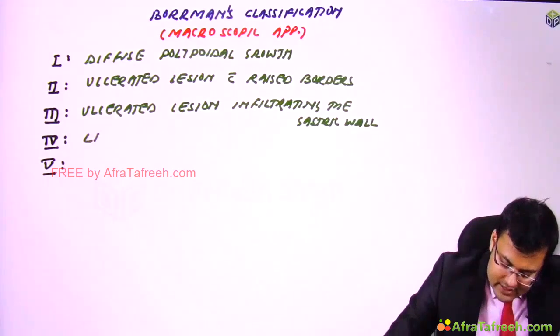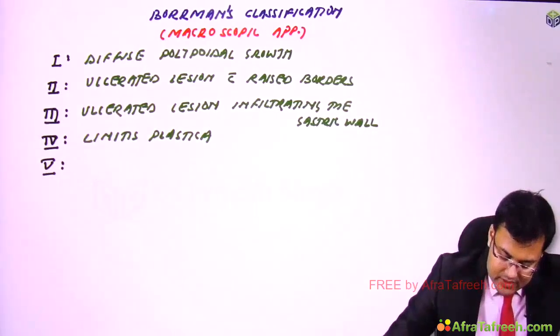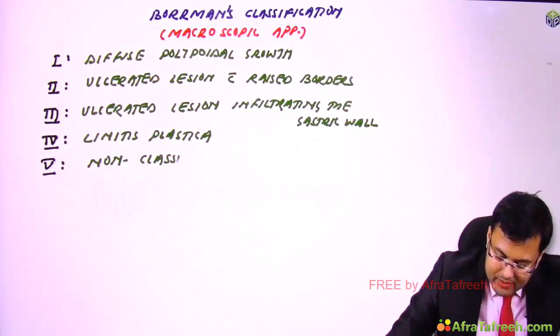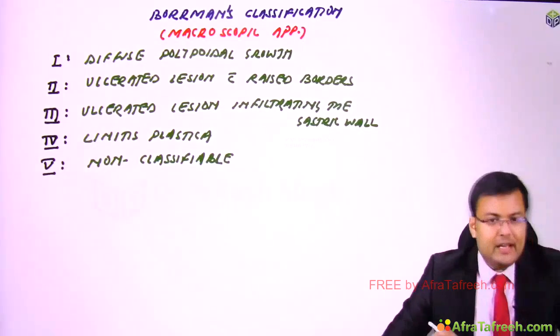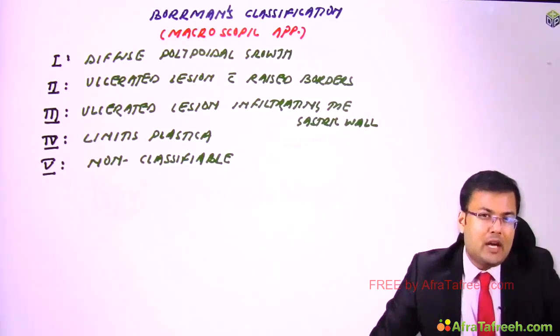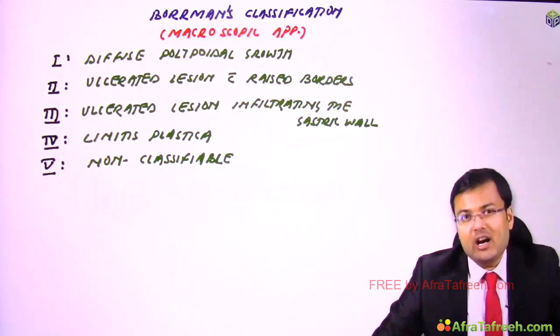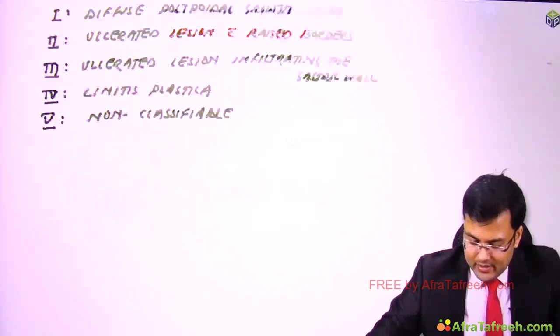Type 4 is the Linitis plastica. And what's type 5? It's the non-classifiable. So if it's not classified in any of the 4, it becomes type 5. This is Borrmann's. But nowadays, the more commonly asked classification is Lauren classification.